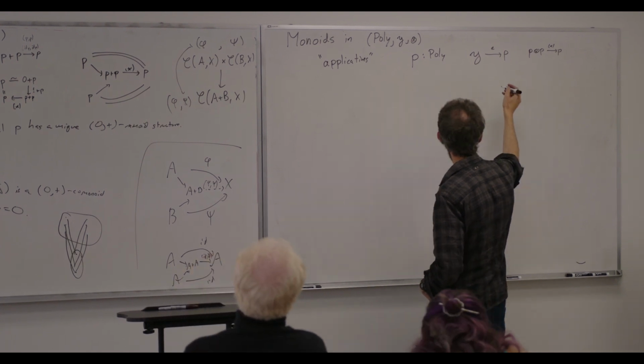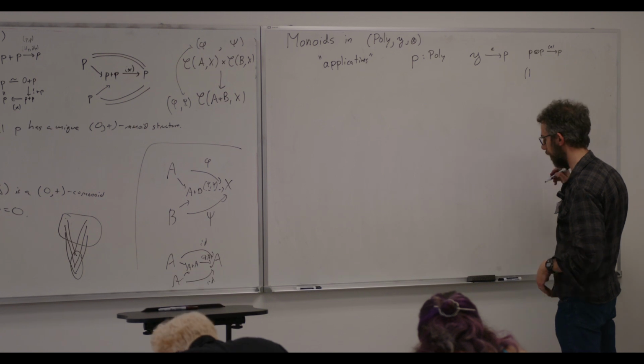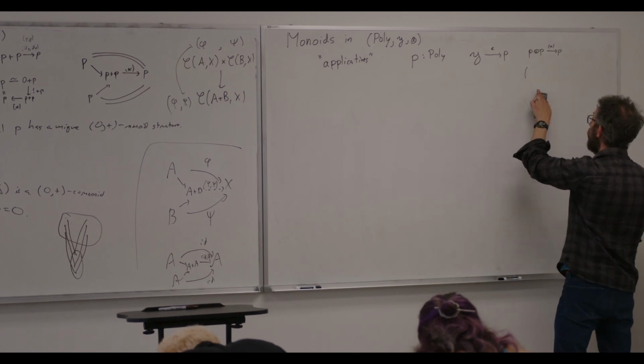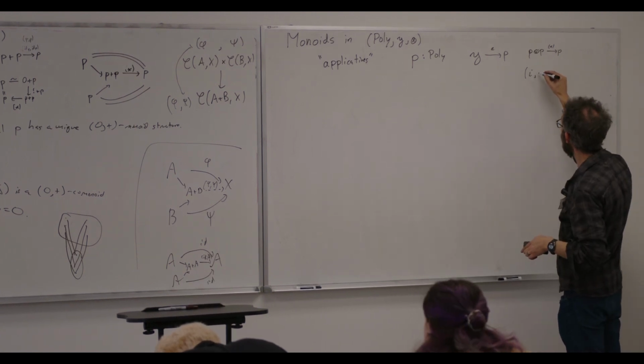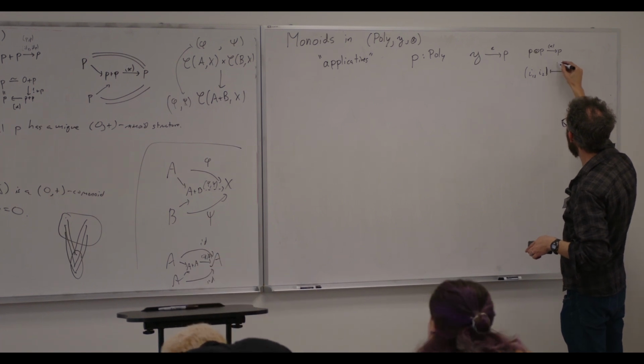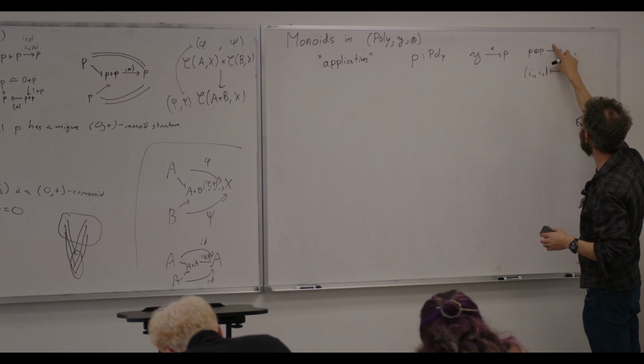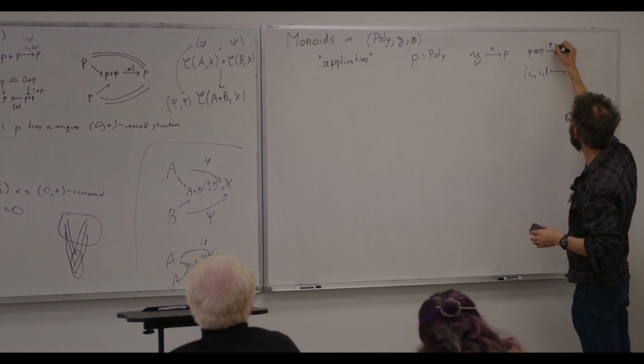So what's happening here? It's saying if I have a position of P and another position of P, I1 and I2, I can aggregate them. Maybe I'm going to call this phi instead.